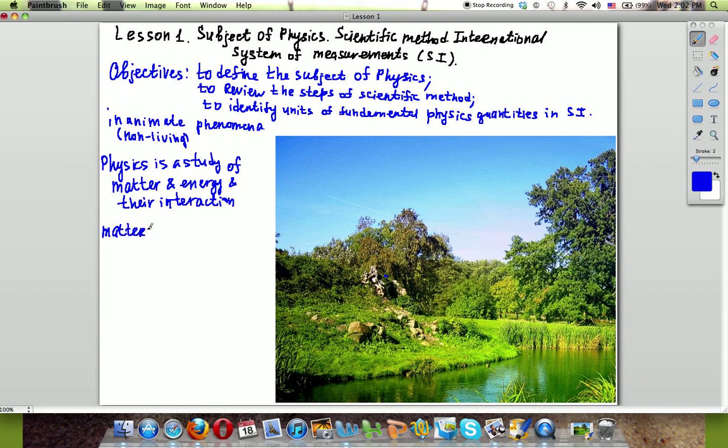And the major characteristics of energy, unlike matter: energy does not take space and it doesn't have mass, but energy makes things move. So for matter it's mass and volume, which is space. And for energy, one of the major characteristics is to make things move.